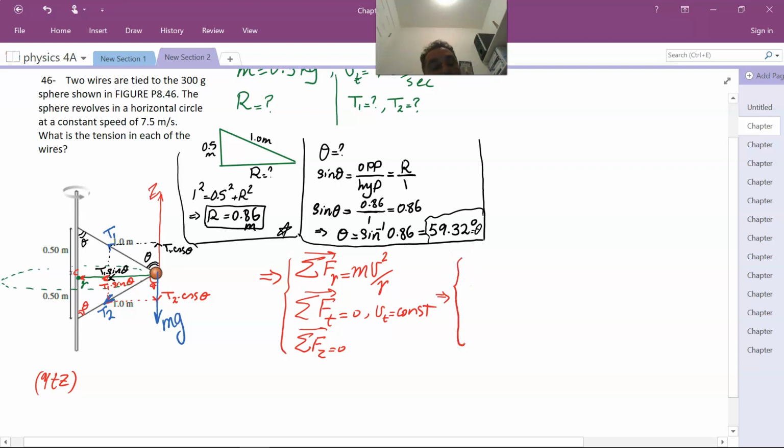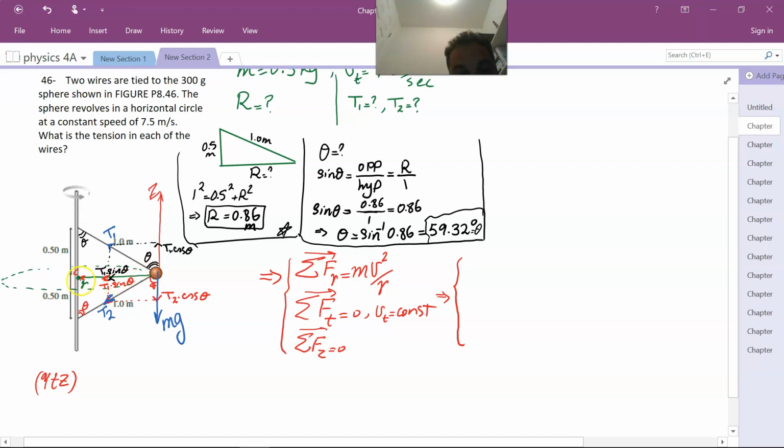Now we will apply these three. First of all, sigma F on the r-axis. How many forces do I have on the radial axis? I do have only two arrows, one black, one red. This one is just your axis. Don't say this is a force.